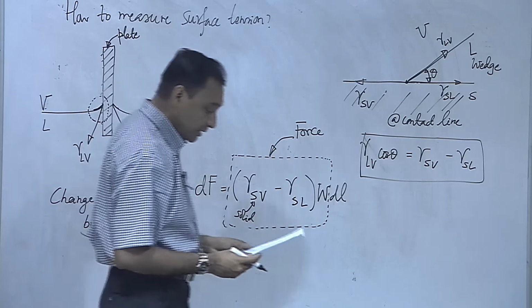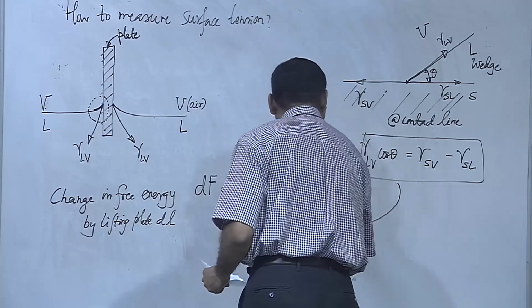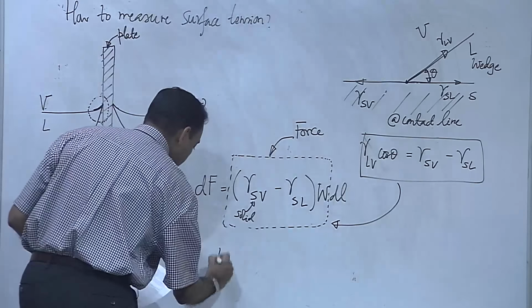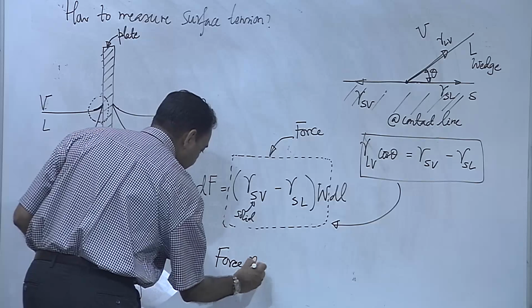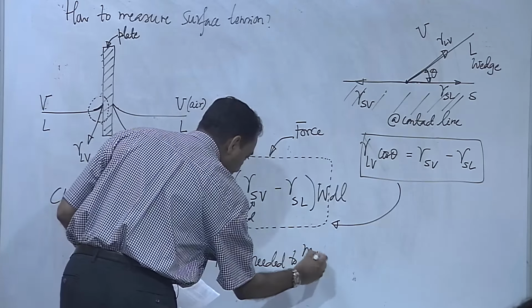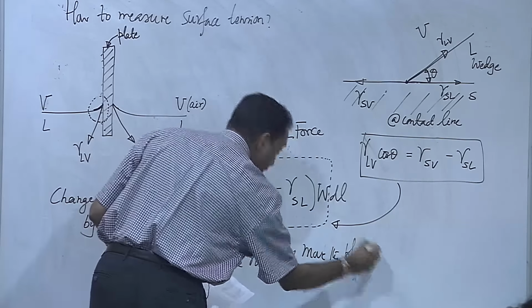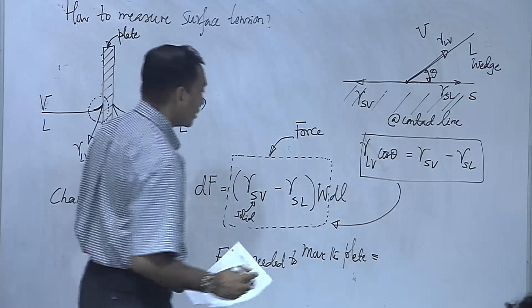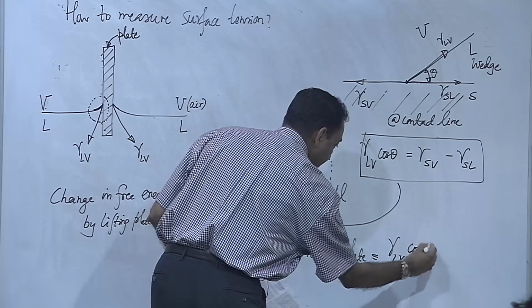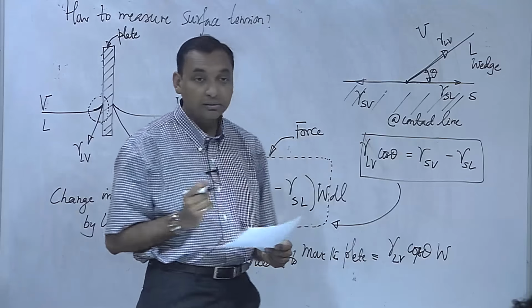So if I replace this in here, then the amount of force needed to move the plate will be nothing but gamma LV cosine theta times W. Correct?